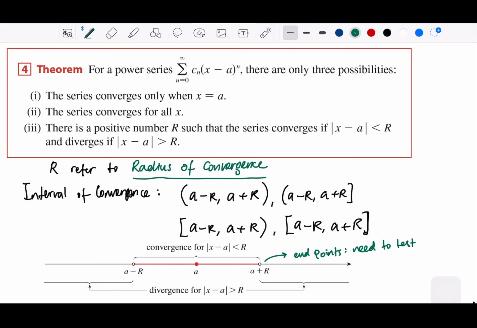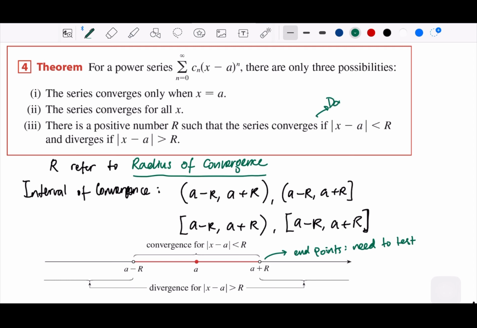But when you get the third conclusion, if there is a positive number R, which means the ratio has some value, then you need to check the convergence, check the divergence, and don't forget to check the endpoints, when it's equal to R in our case here. So again, let me write here: don't forget to check the endpoints.